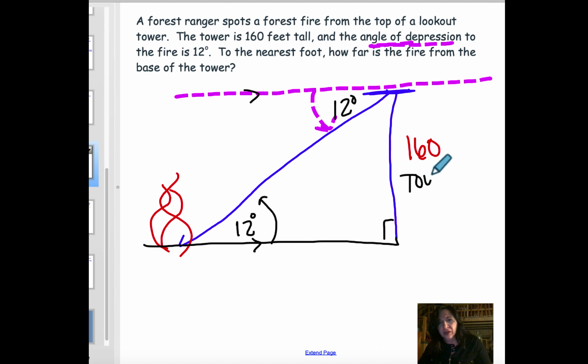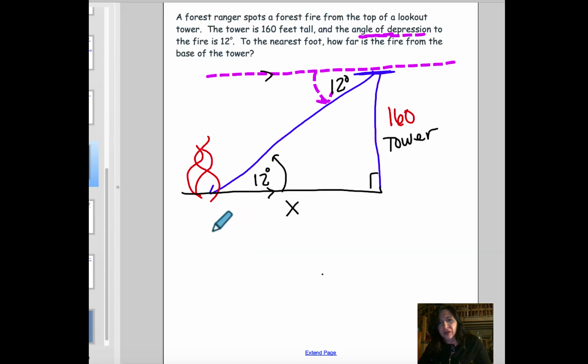This is my tower that is 160 feet tall, so they want this value. Based on what you have, we're not asked to find the hypotenuse, so we don't need that. We are asked to find this length right here, this x, but we know the opposite side and we have an angle. So we're going to use tangent.